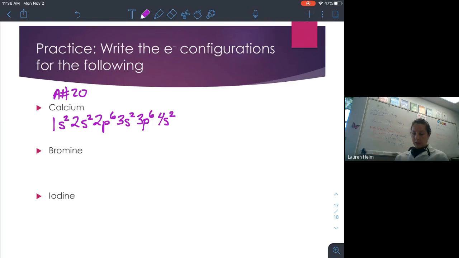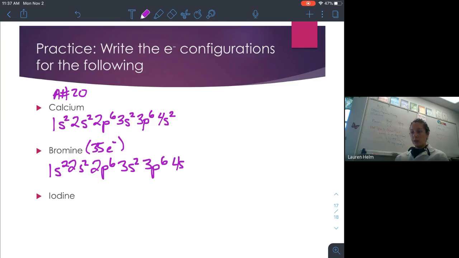Bromine has 35 electrons. Filling in order based on our filling rules, that's going to be 1s2, 2s2, 2p6, 3s2, 3p6, 4s2, 3d10, 4p.